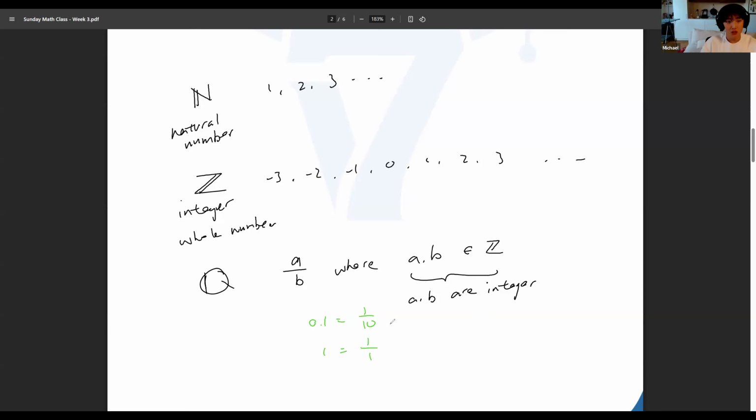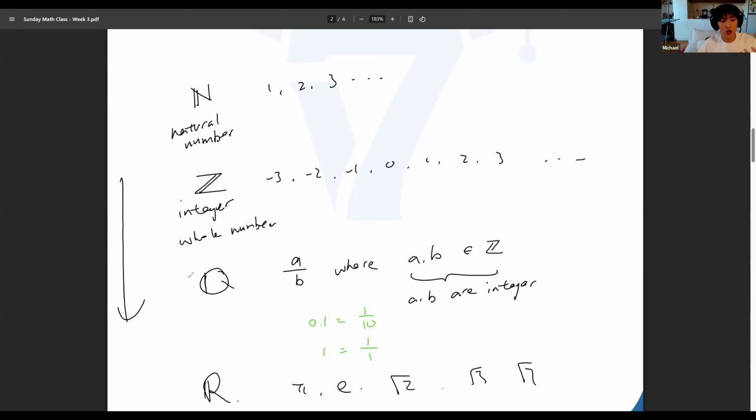But things that cannot be made into fractions belong to the real numbers, right? Stuff like pi, exponential, square root 2. These cannot be written as a fraction of integers, okay? And also square root 3, square root 7, stuff like that. And going down this list is layer by layer.